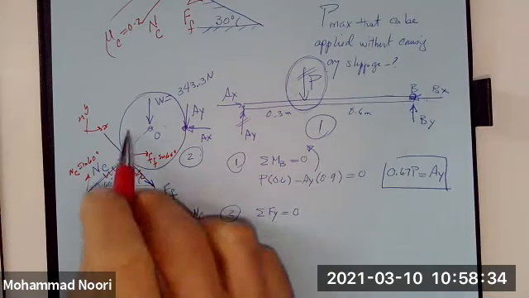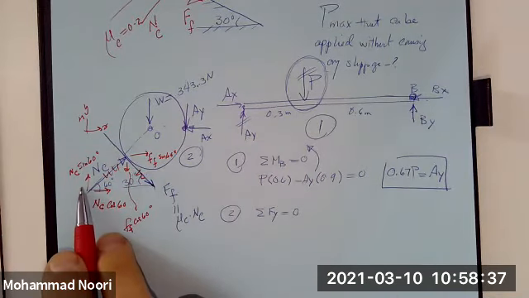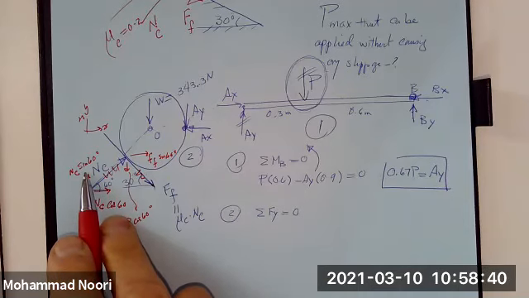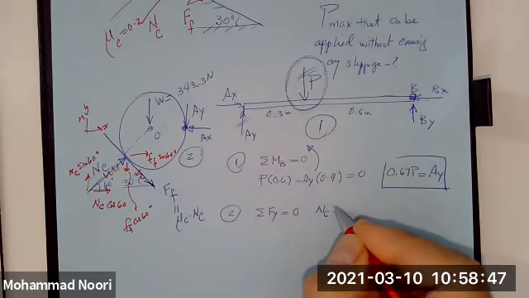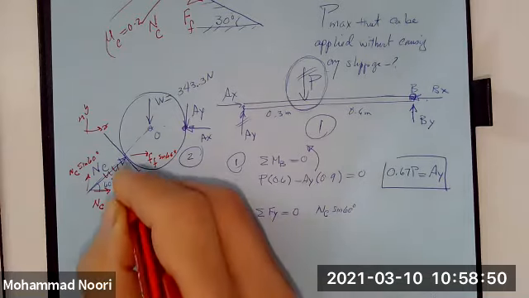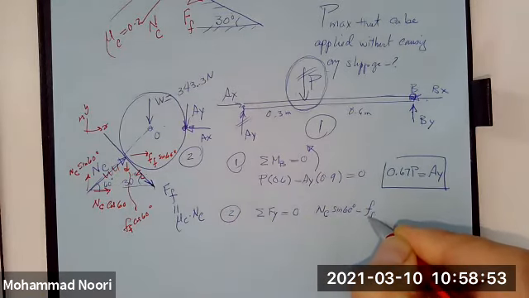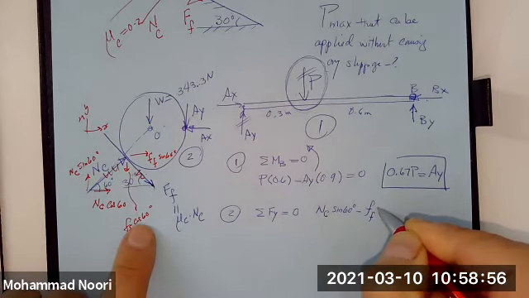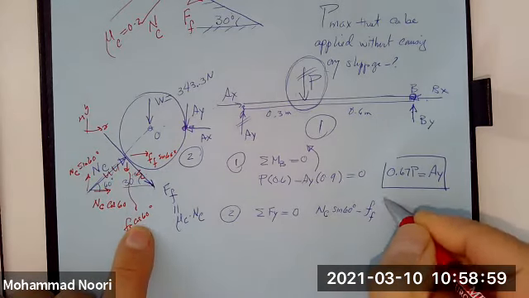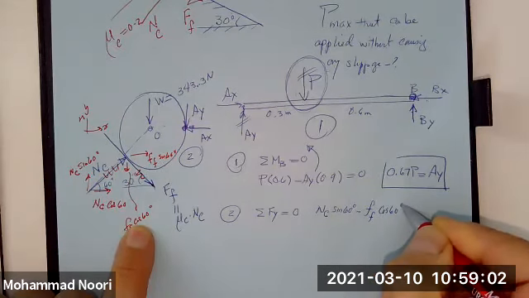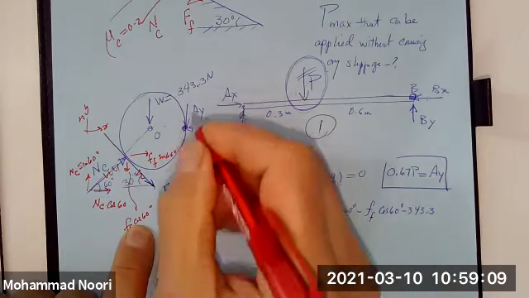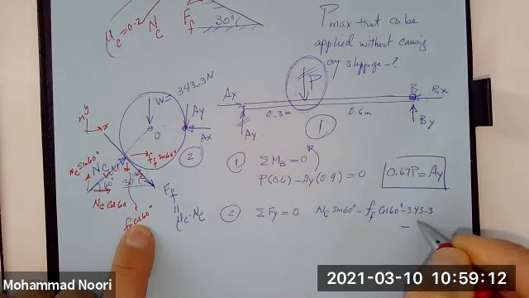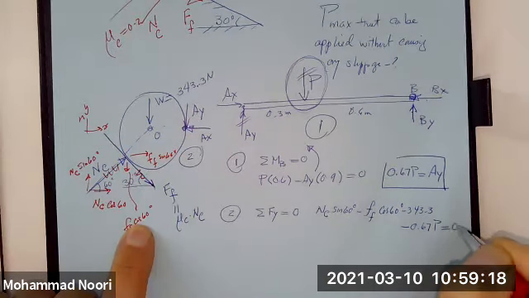So writing summation of force along Y would be N sub C sine 60, which is cosine 30, so N sub C sine 60, minus F sub F cosine 60, minus 343.3, minus AY, and AY is 0.67 P, is equal to 0.